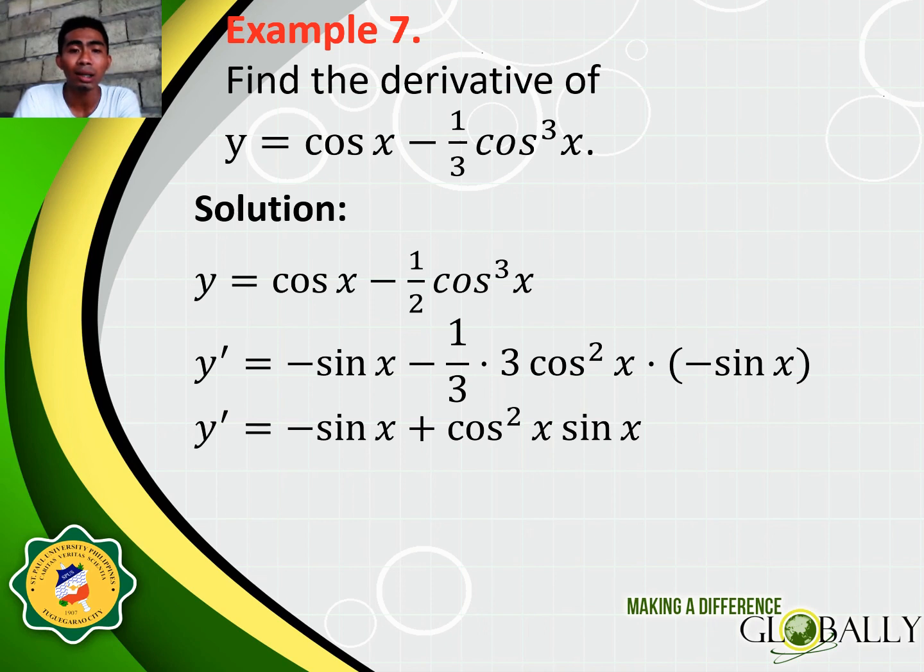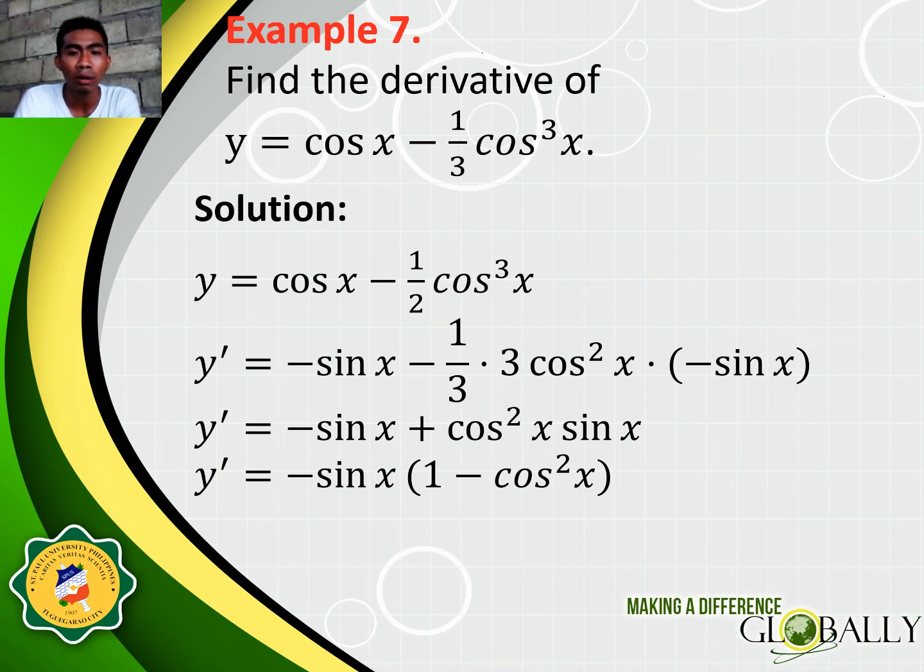As you can see in this expression, the common factor of negative sine x plus cosine square x sine x is negative sine x. Thus, y prime equals negative sine x times 1 minus cosine square x.